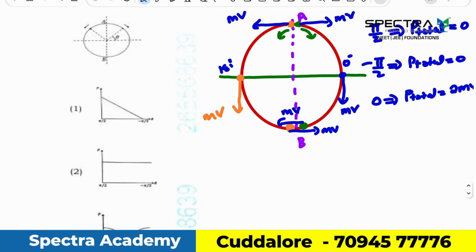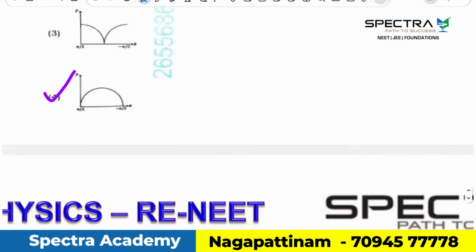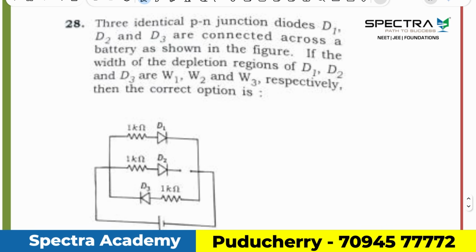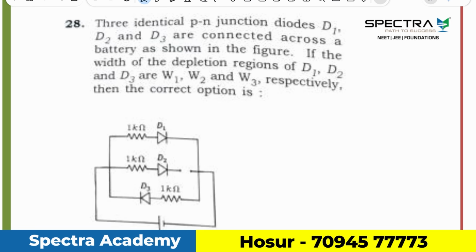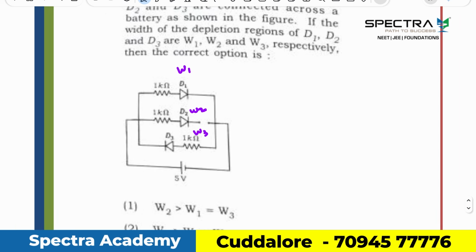Now coming to question number 28. See, there are 3 identical p-n junction diodes, D1, D2 and D3, connected across a battery as shown in the figure. If the widths of the depletion regions of D1, D2 and D3 are W1, W2 and W3 respectively, then the correct option is, you are asked to find.